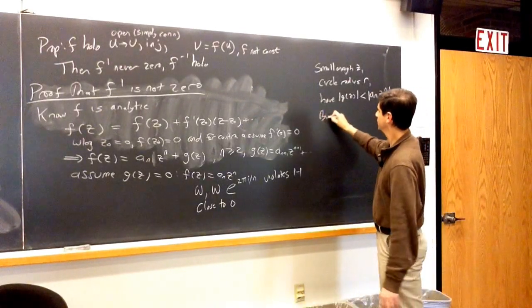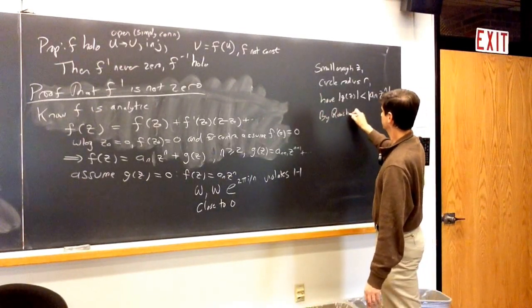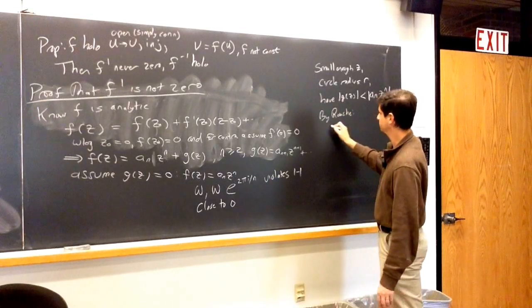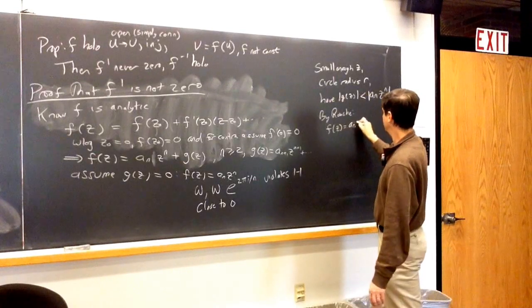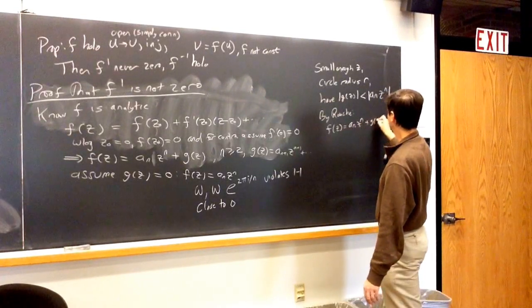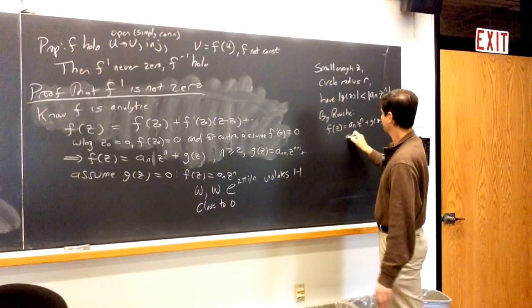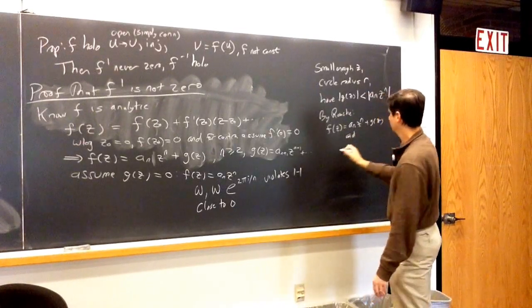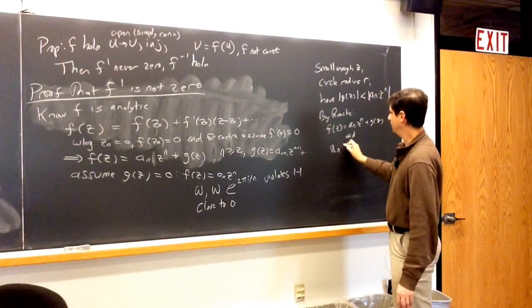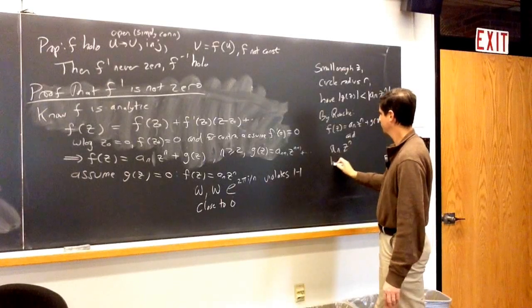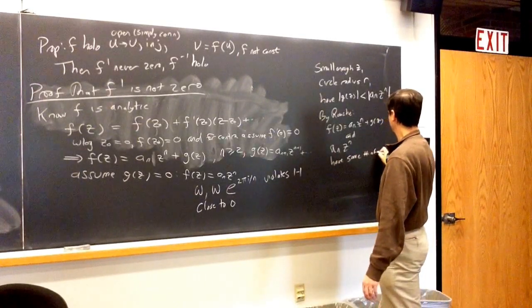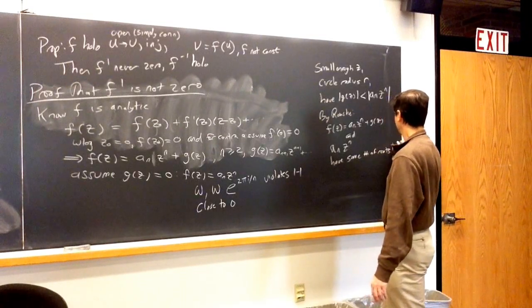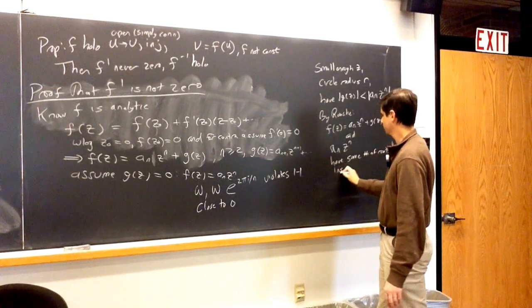So, by Rouché, f of z, which is a_n z to the n plus g of z, and a_n z to the n have the same number of roots inside the circle.